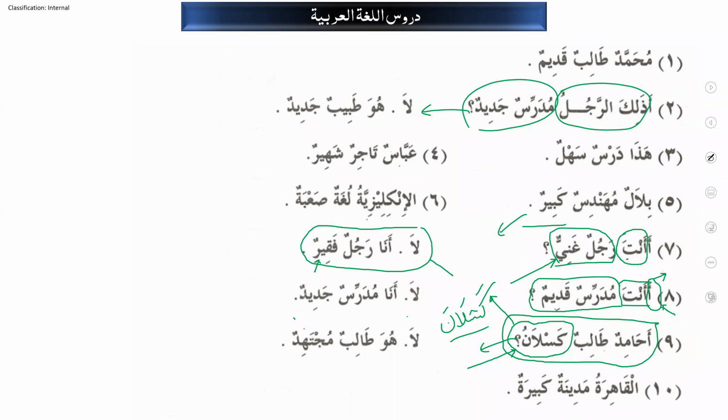It is ghair munsarif. It will not be Kaslani. It will be Kaslana, because it is ghair munsarif. Ahamidun talibun kaslanu.